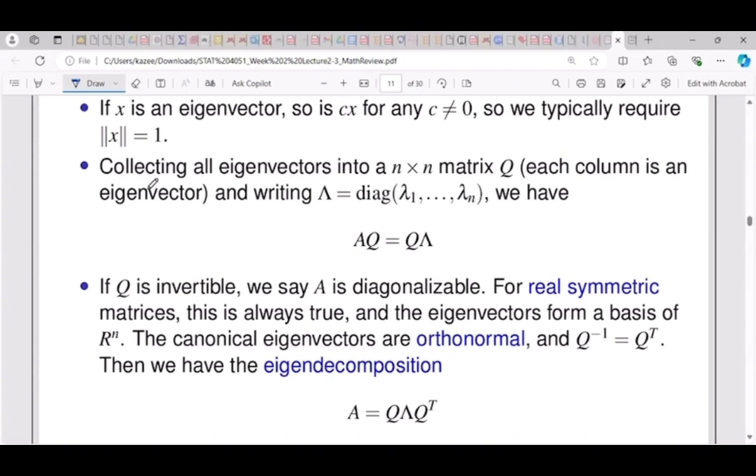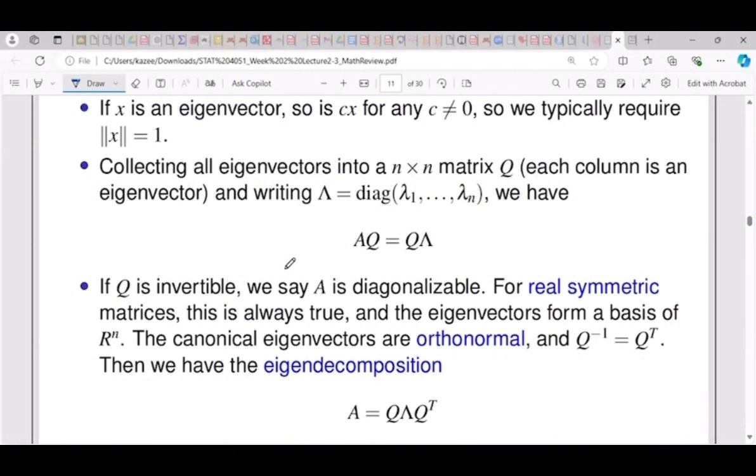When that happens, then we say A is diagonalizable, otherwise A is not. Because for you to be able to achieve what you want to achieve, this has to happen. And I said your canonical eigenvectors have to be orthonormal. We know how to verify the orthonormality. We expect the transpose of V to be the same as the inverse.